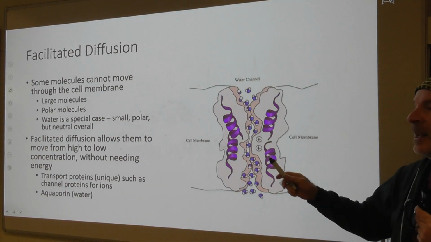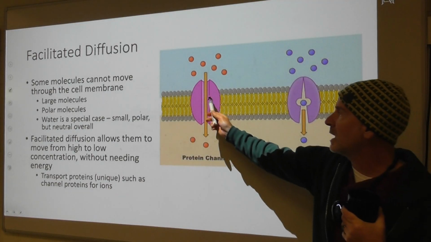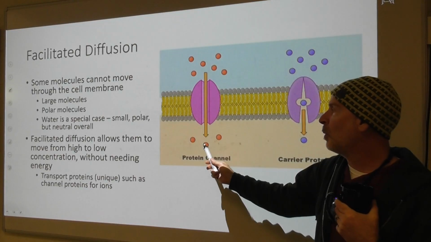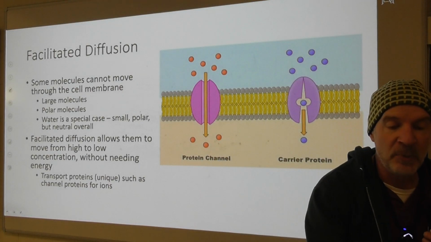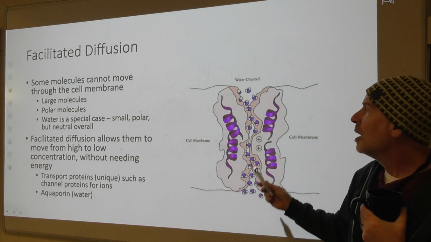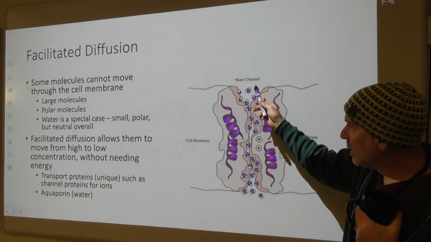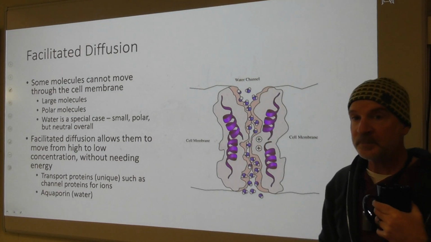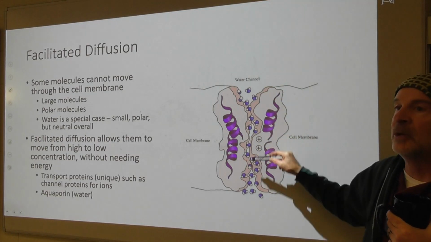And when we draw these things like this, it makes it look like, well, why can't anything go through there? It's when we recognize that these are proteins embedded in the cell membrane that we realize, oh, here's why. Because it's not just a tube, it's a protein. And what allows things to move through is the shape of that protein and the nature of the interactions.